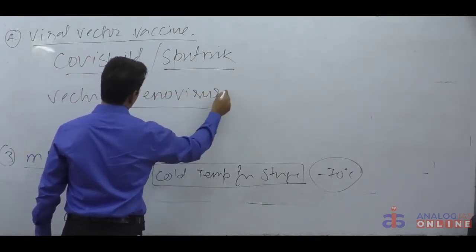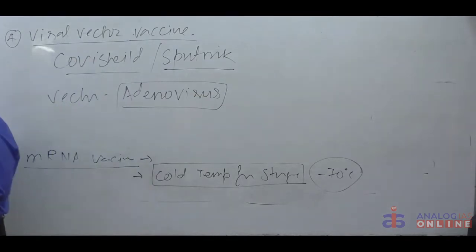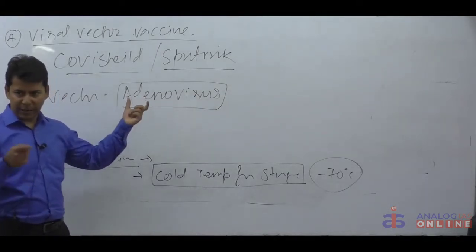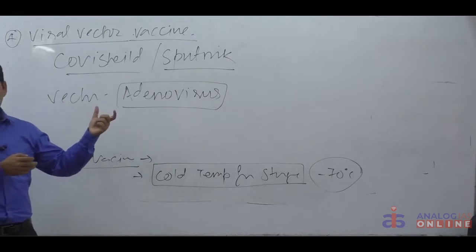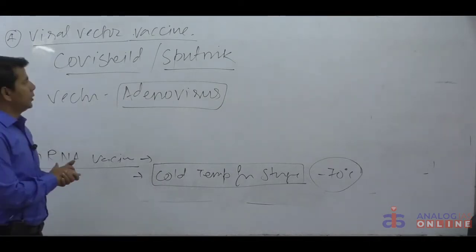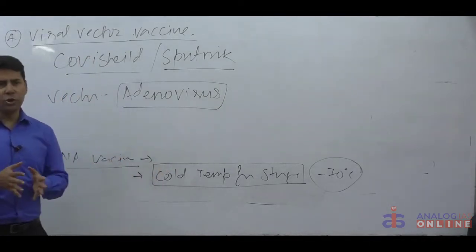So basically what you do is in the adenovirus, you put some part of the COVID virus, and then this adenovirus is administered into the body. So it is easy, effective also. Right. So these are the 4 approaches which are being used.